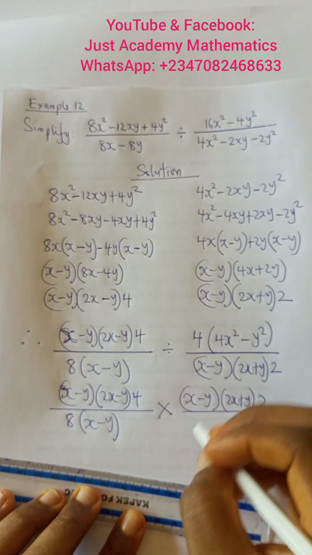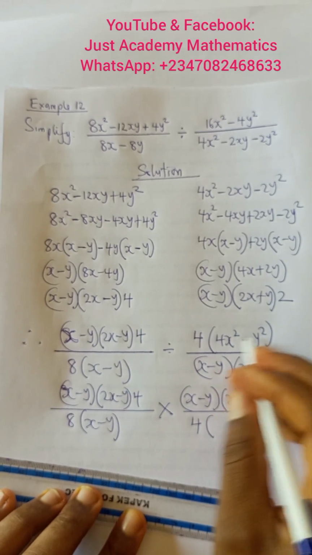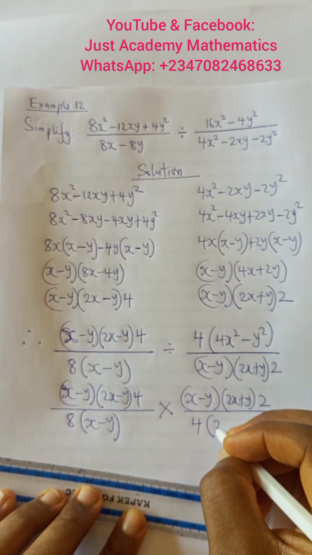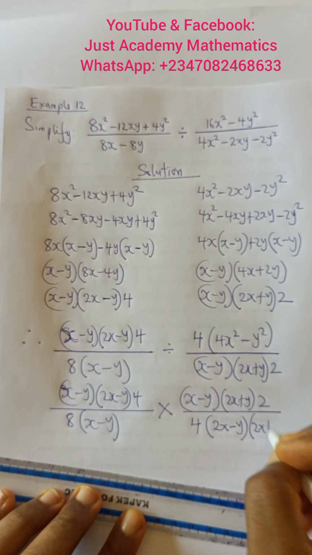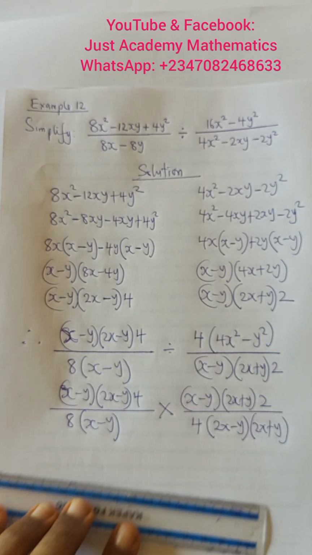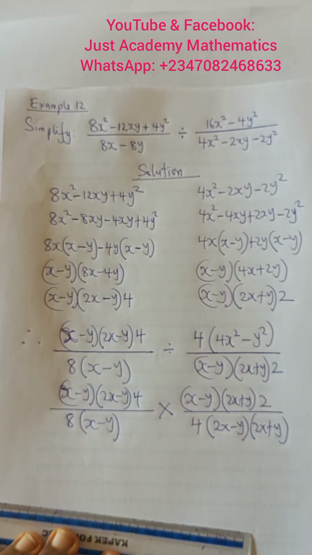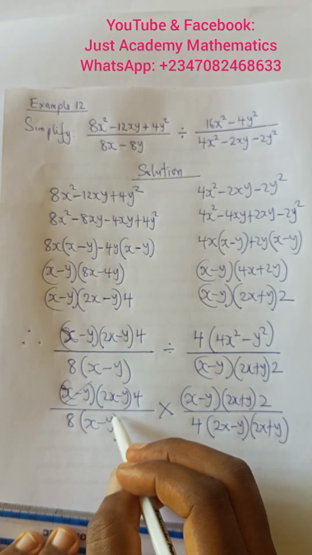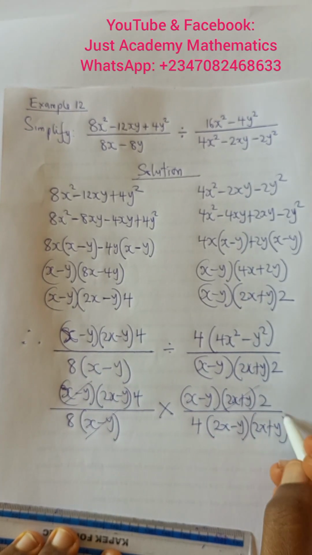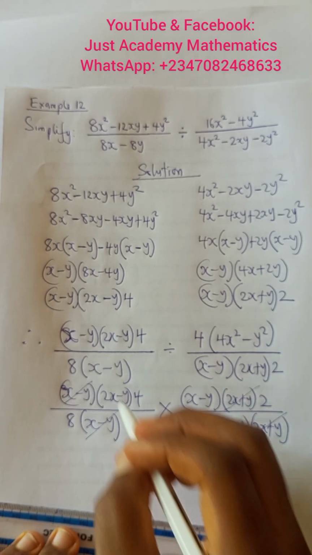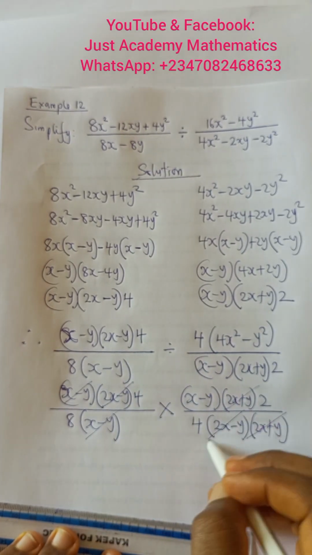This one will come down here, 4 times. Remember, this is a difference of two squares: 2x minus y times 2x plus y. So we can cancel out. x minus y will cancel x minus y. 2x plus y will cancel 2x plus y. 2x minus y will cancel 2x minus y.